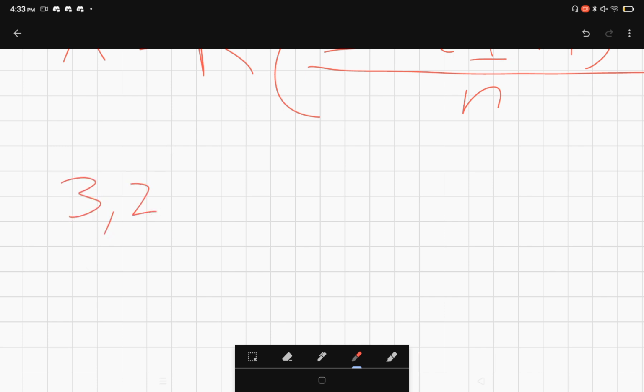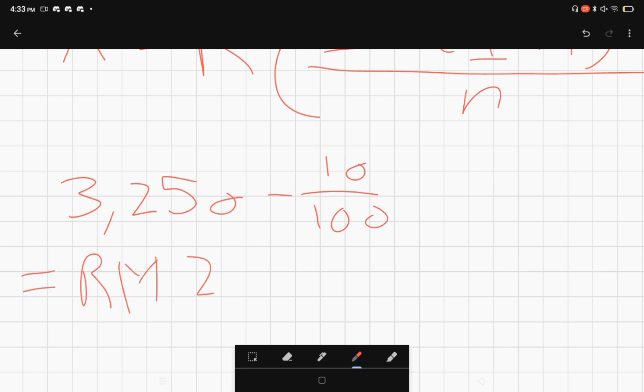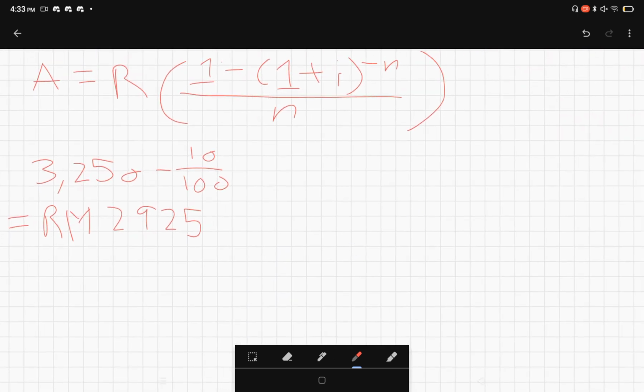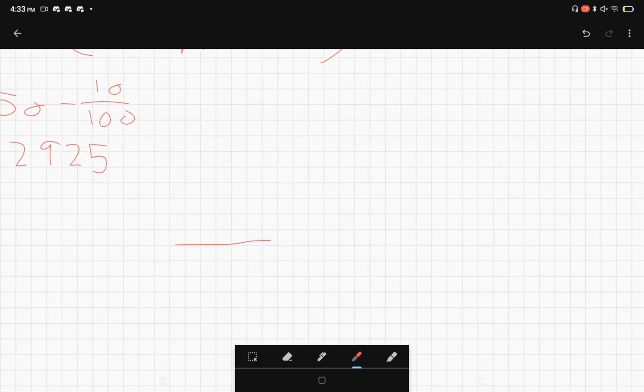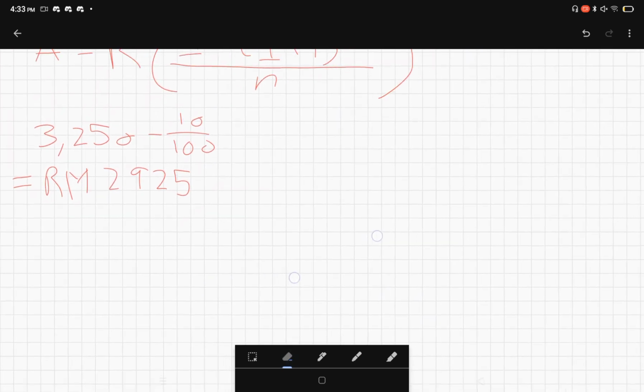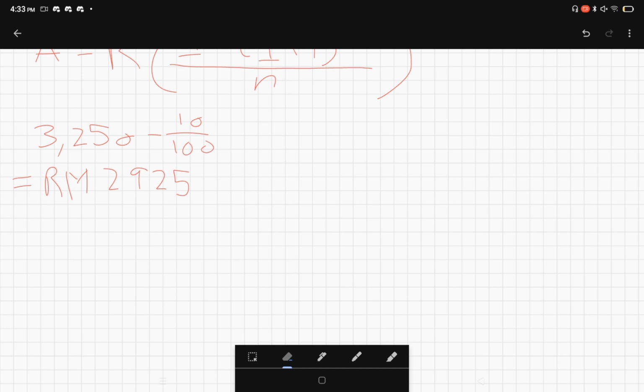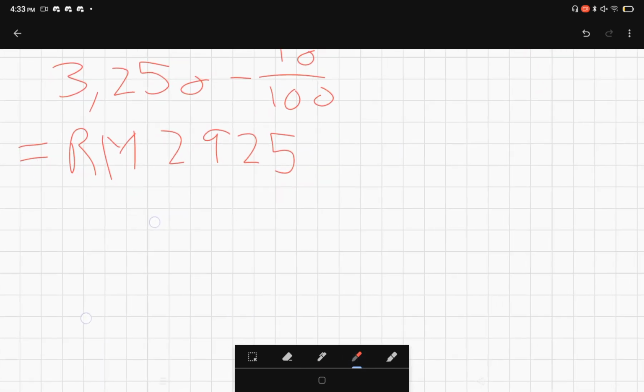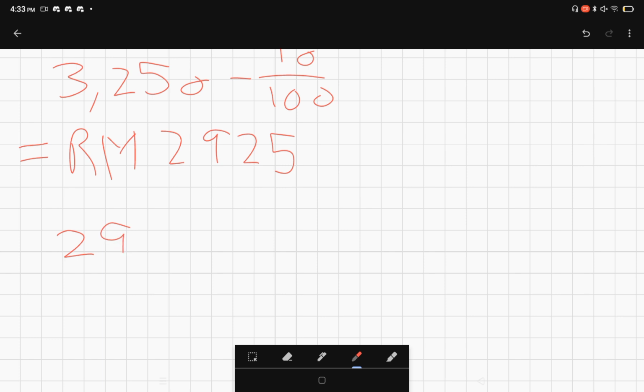The cost of the laptop is 3,250 minus 10%, and the answer should be RM2,925. Only after we have done that could we proceed to find out how much monthly payment needs to be made.